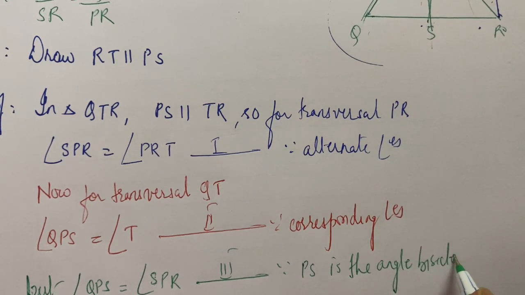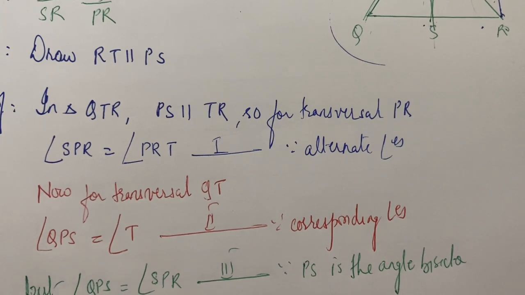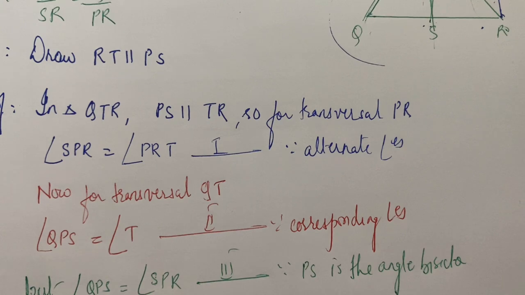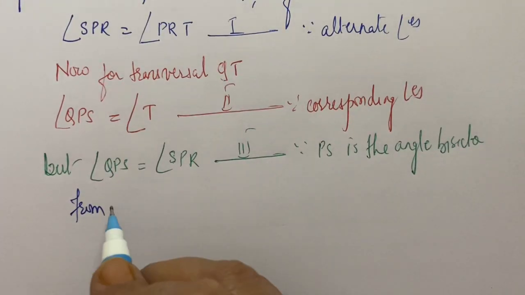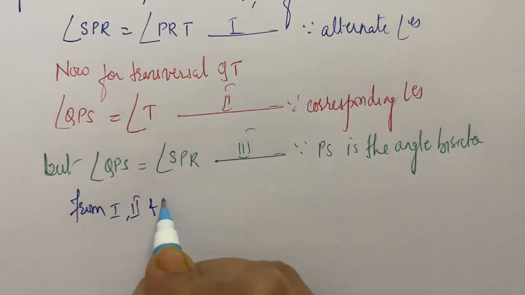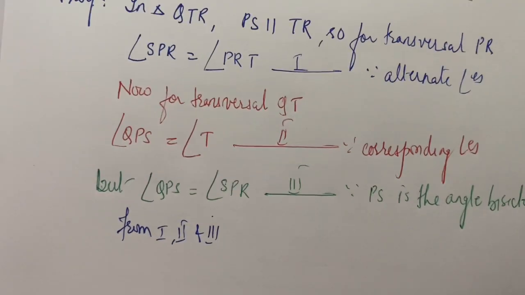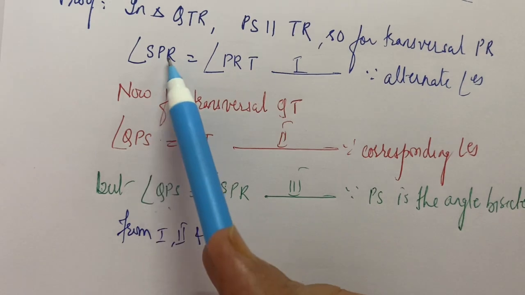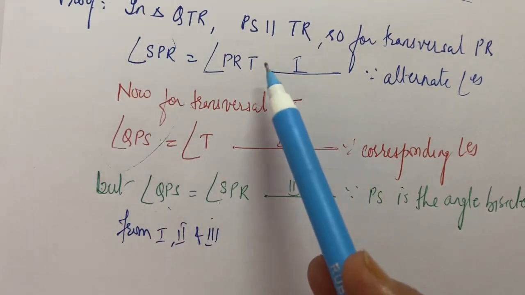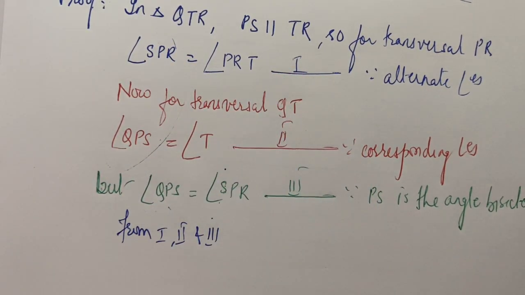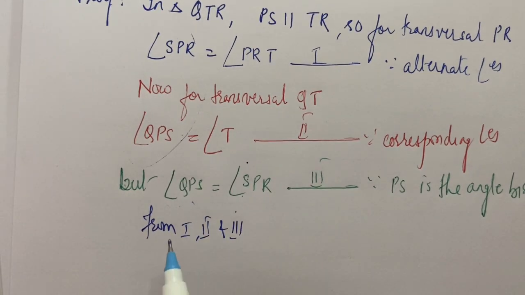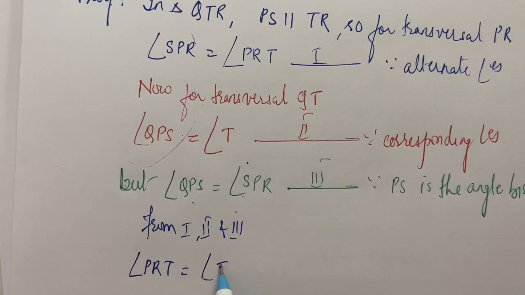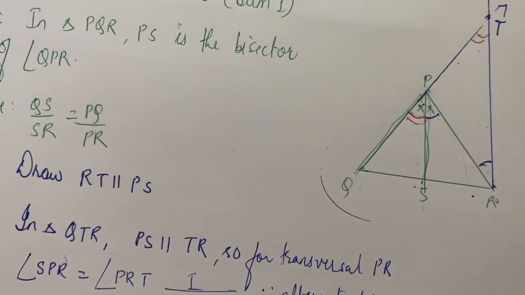Fine. Therefore, from 1, 2 and 3, what do you get? The left hand side becomes equal. If these two angles are equal, the left hand side is equal. If the left hand side is equal, the right hand side will be equal. So from 1, 2 and 3, angle PRT is equal to angle T. Now have a look in the figure.